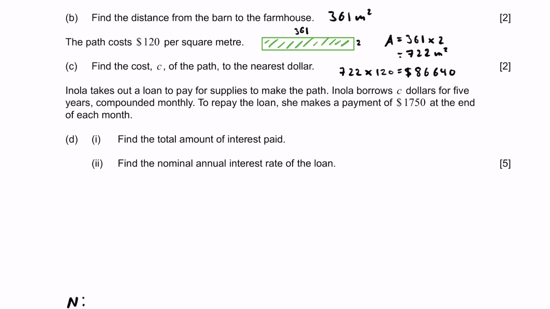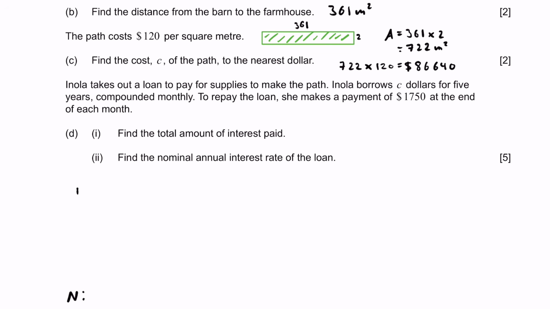So if we can write this out, the total amount of interest paid would be equal to the total amount paid minus the initial amount that we borrowed.